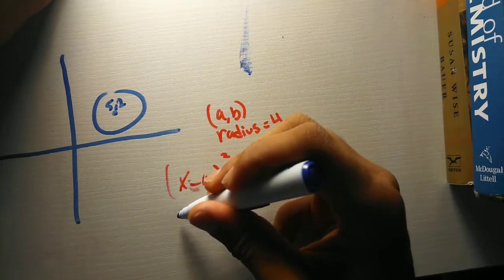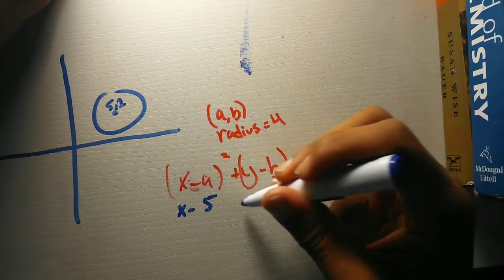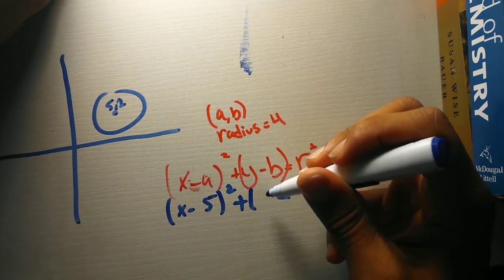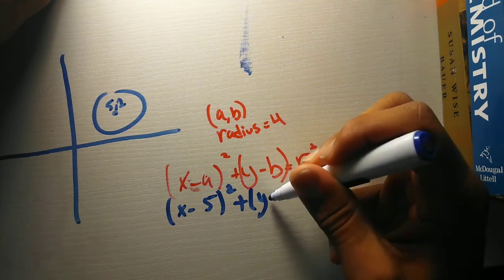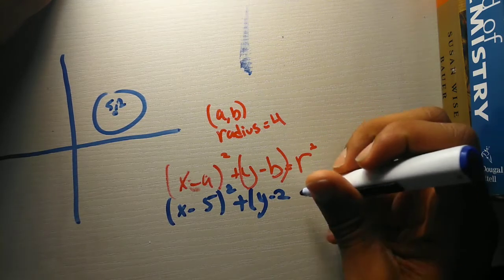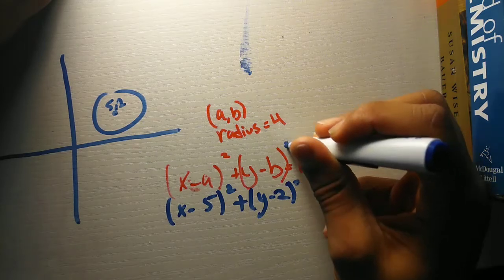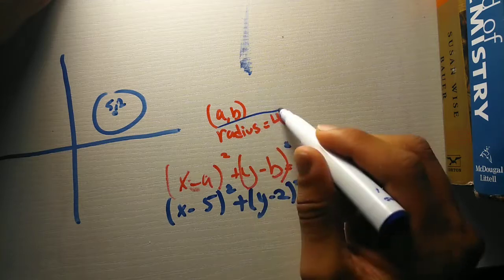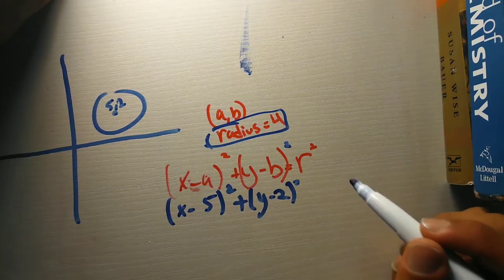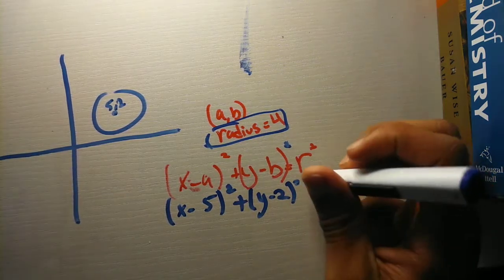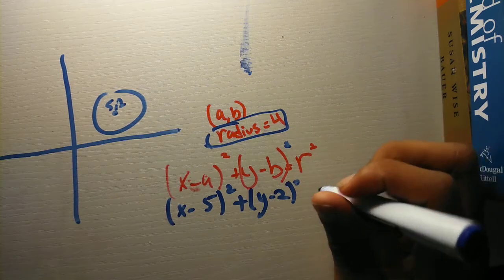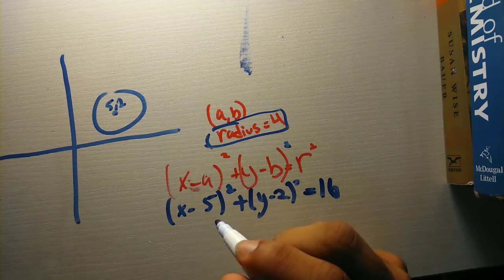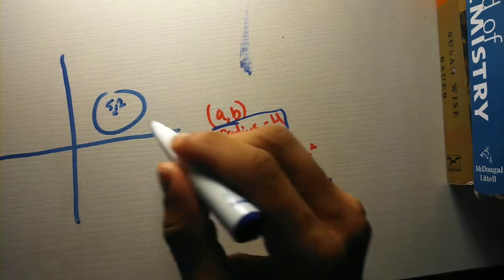So it would then be (x minus 5) to the power of 2, plus, what do we have here? (y minus 2, which is b) to the power of 2, equals r to the power of 2, which is 4. R is the radius. I should have clarified that, right? And so r to the power of 2, or 4 to the power of 2, is 16. Right, and so that is the equation for this right here.